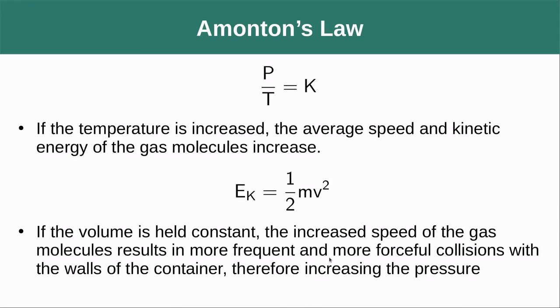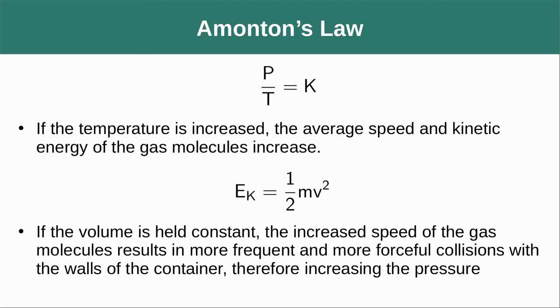So if we look at Amontons's law, we know that the pressure and the temperature are directly proportional. If the temperature is increased, the average speed and kinetic energy of the gas molecules would increase. And we know that kinetic energy is equal to 1/2 times the mass times the velocity squared.